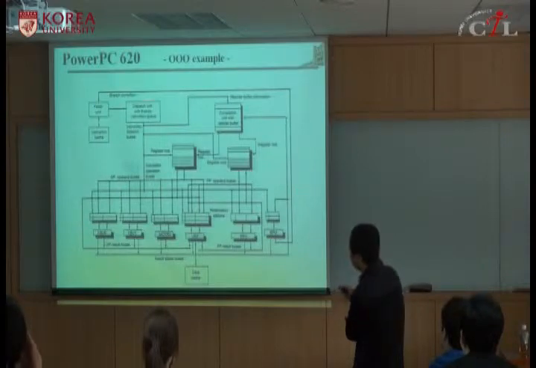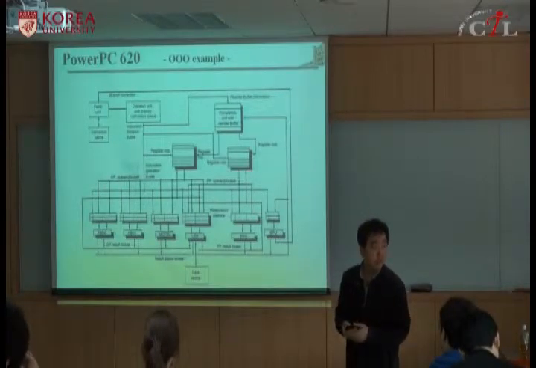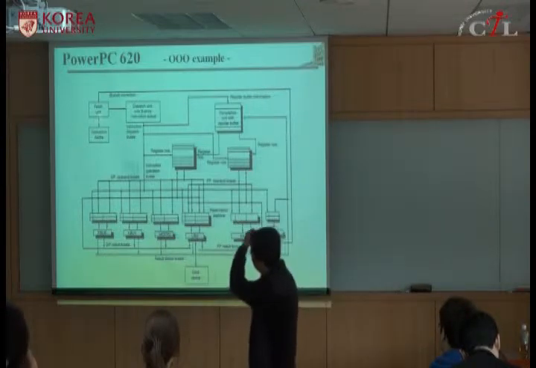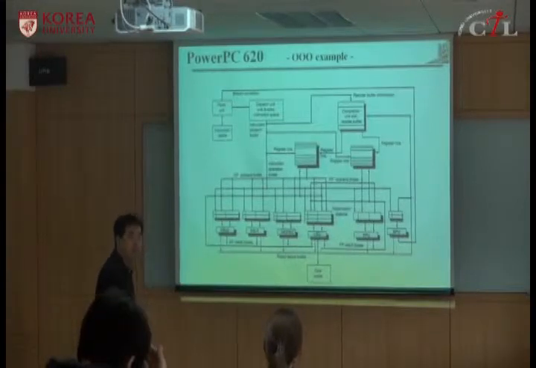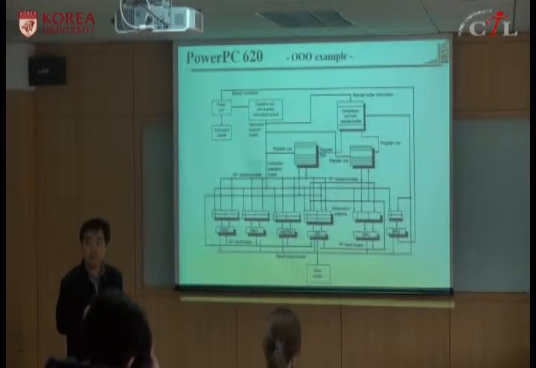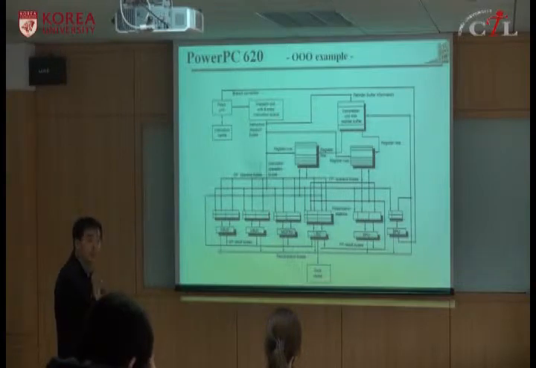After they execute, they sometimes need to correct if there is a misprediction. After the front end, they send the instruction into the instruction queue, which is a decoupling queue between front end and back end. It has 8 entries, so you can put 8 instructions in this instruction queue.